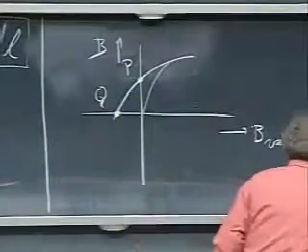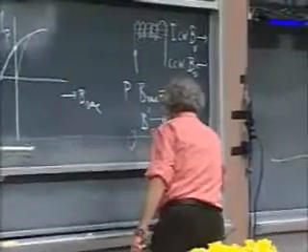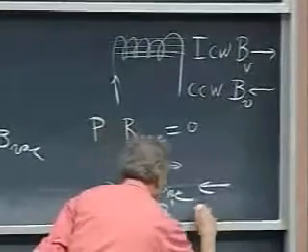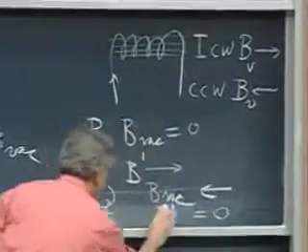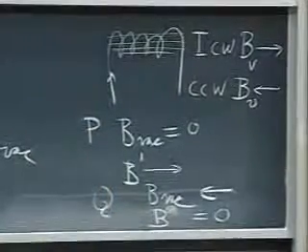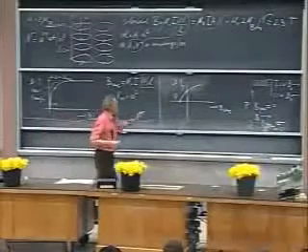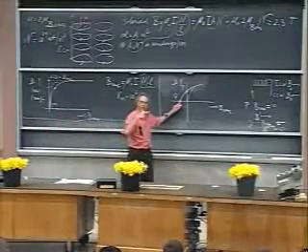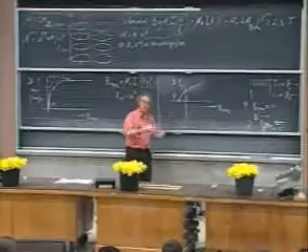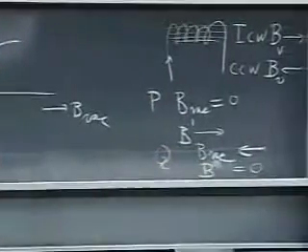So at point Q, B vacuum is in this direction, but the total field B inside is zero. The reason being that B prime is still in this direction, because the domains are still aligned in this direction. And so the vacuum field plus the B prime field, which has to be vectorially added, adds up to a net field of zero. Quite bizarre, isn't it?